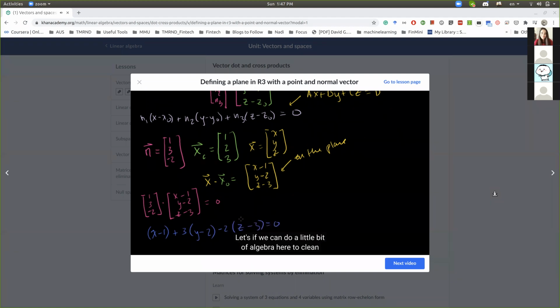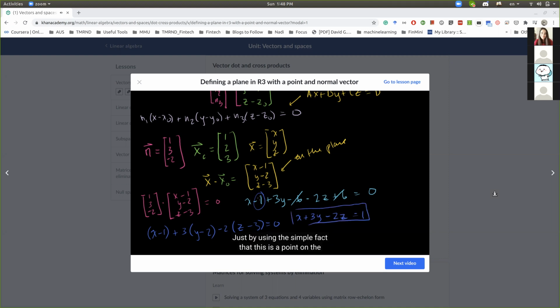Let's do a little algebra to clean this up. I get x minus 1 plus 3y minus 6 minus 2z plus 6 is equal to 0. The minus 6 and plus 6 cancel out. Then I can add 1 to both sides, and I get x plus 3y minus 2z is equal to 1. And there you have it.